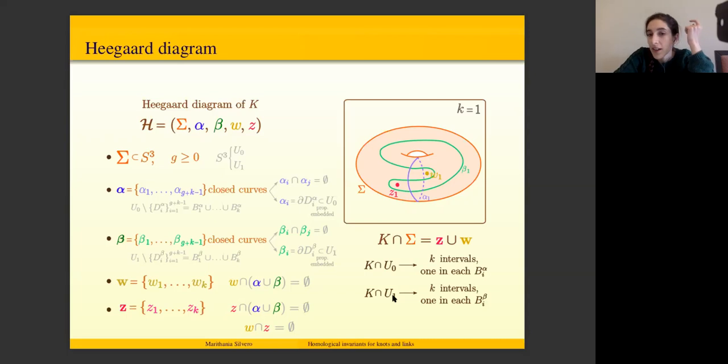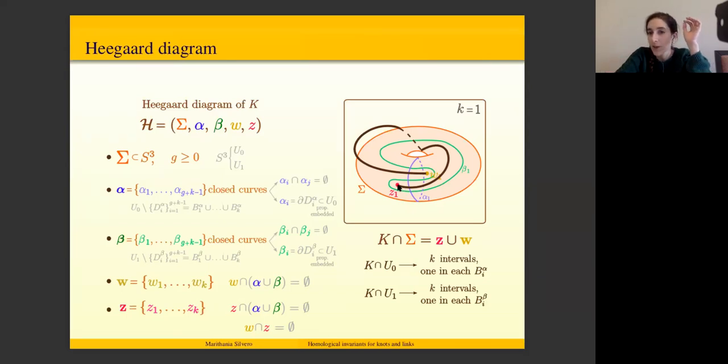So for the knot, we start imagining in Z1. Now, from Z1 we go out of the surface. When I say out, I mean not the solid torus that is inside sigma, but the other one, the one which is outside.